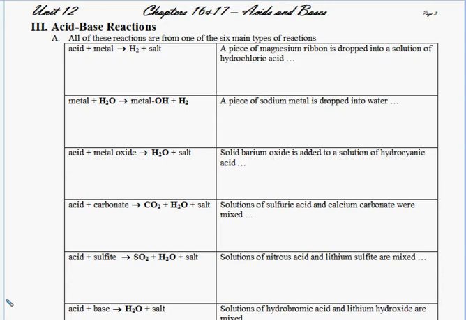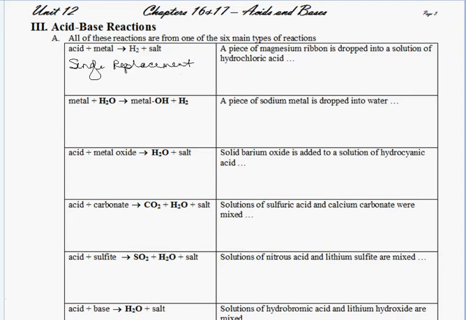All right. As we take a look, the very first one happens to be a single replacement reaction. So again, remind yourself that in this chapter, you're going to end up doing some of these reactions, and we want to review all of that. So this would be something that you might see on a test.